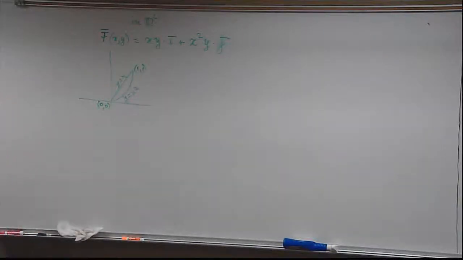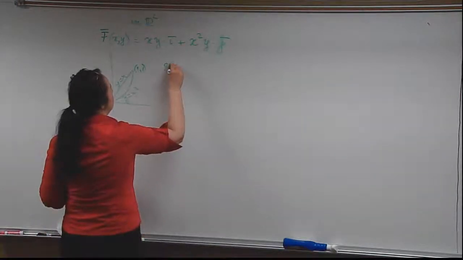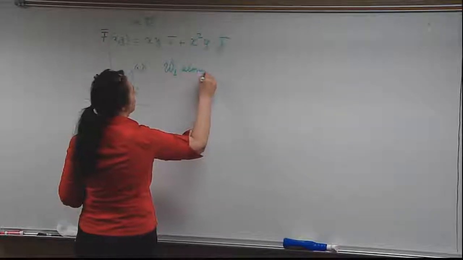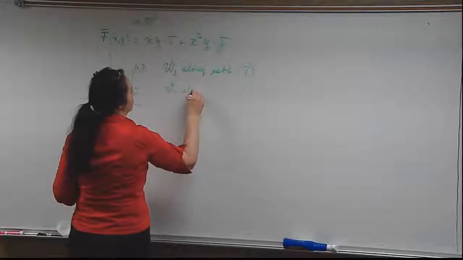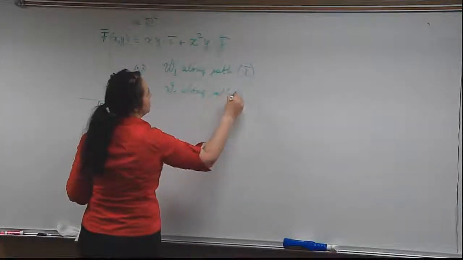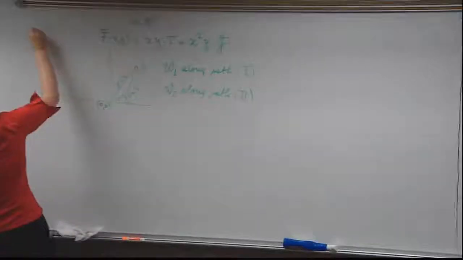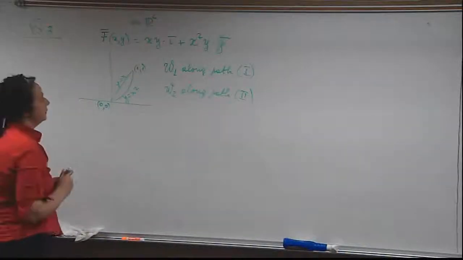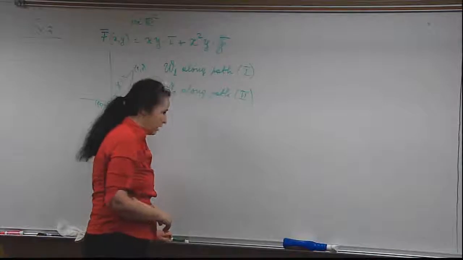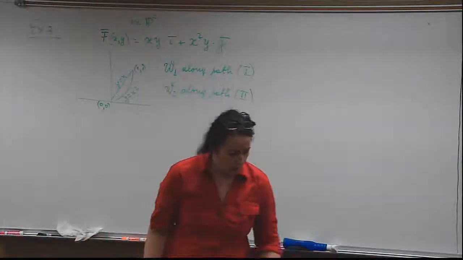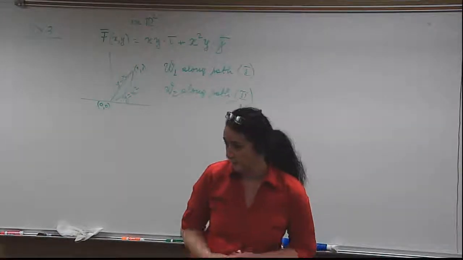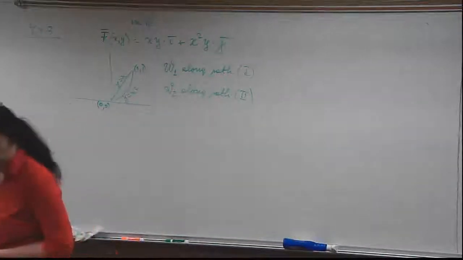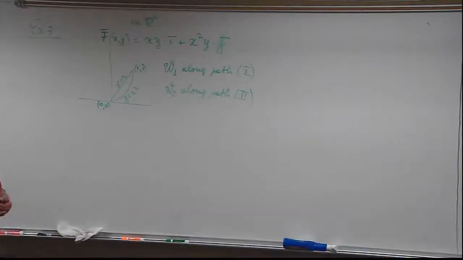And I'm asking you to find W1 along path 1 and W2 along path 2. And of course, example 3, if this were conservative, you would say, it doesn't matter what path I'm taking, I'm still getting the same answer. But is this conservative? No. Because you said it wasn't. Very good. So how do you know?